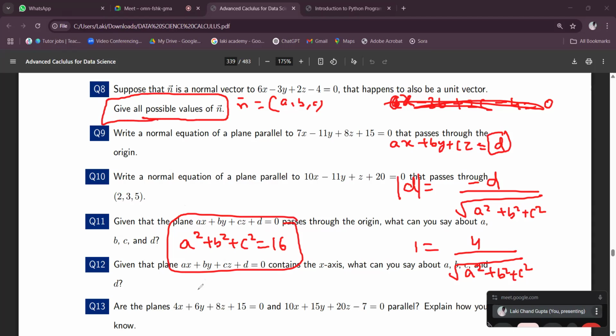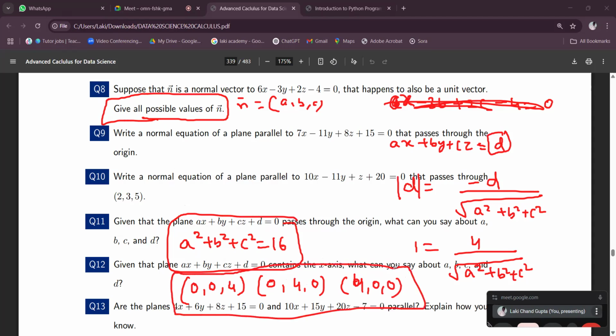If you put a equal to 0, b equal to 0, c will be 4, because you have to put integer values. If a is 0, this is 4, this is 0. Only 3 possible values you will get. Understood?